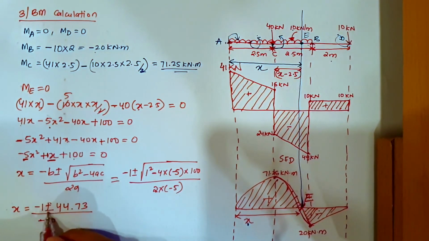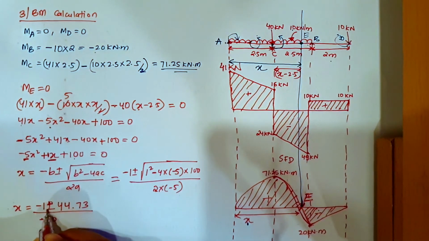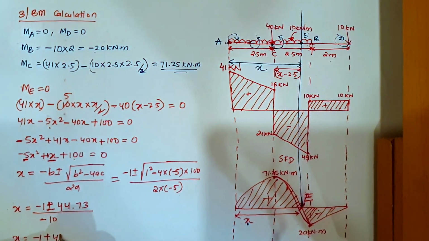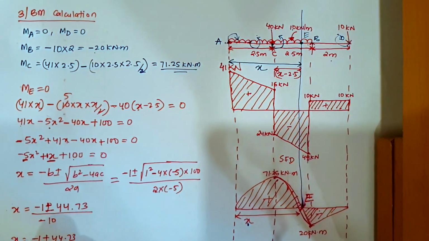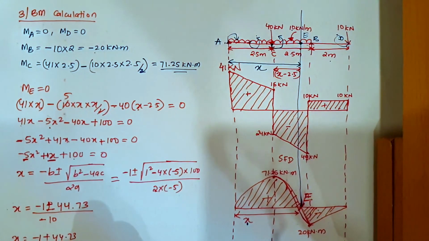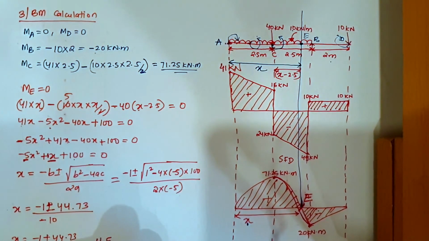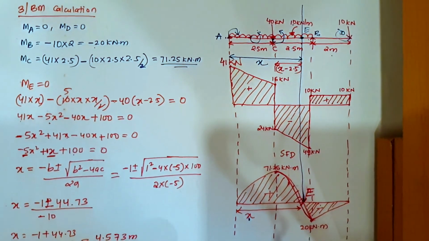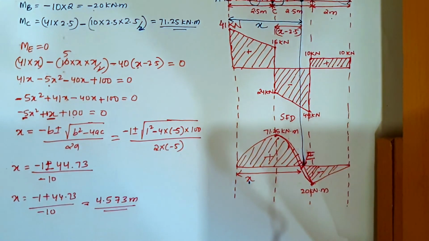Now if you solve this, here there is one plus and one minus. If you take x equals minus 1 plus 44.73 divided by minus 10, you will be getting this value equal to 4.573 meter.